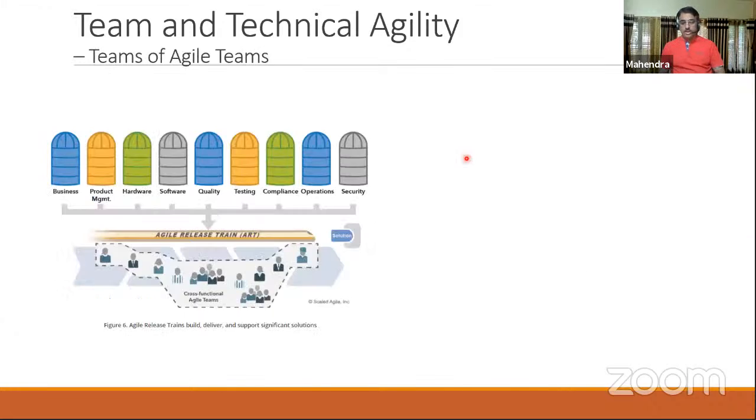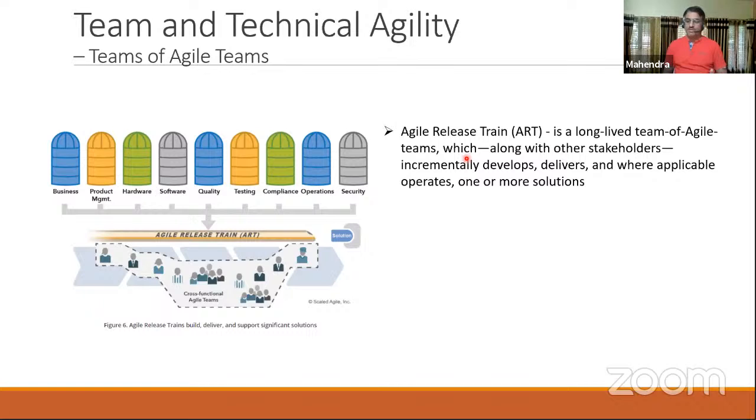Now, the next dimension is teams of agile teams. Now that we are clear on what a Scrum team is, how a Scrum team operates, and what the roles of the Scrum team are, how do we organize ourselves as a team of agile teams? That is where the concept of the agile release train comes in. The agile release train is a long-lived team of agile teams, which includes stakeholders, developers, product management, and everyone. And they cater to a particular value stream.